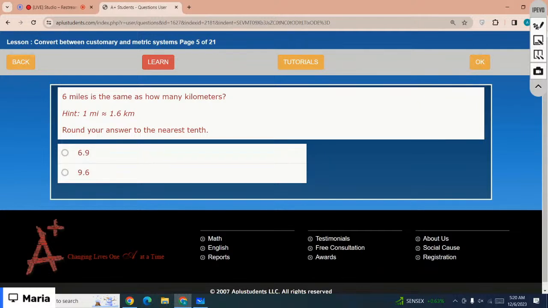So the correct option is, yes, that is 9.6. The correct option is 9.6.